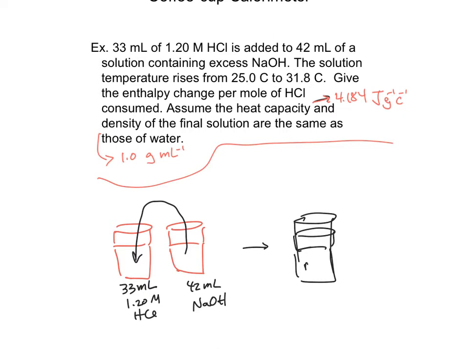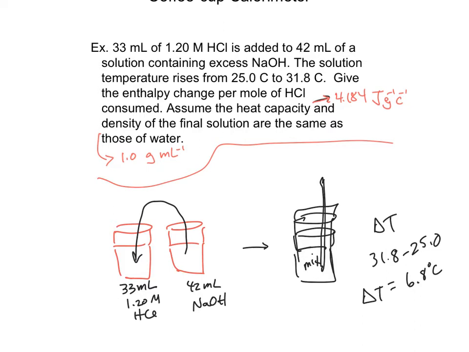But this is the mixture here, and the reaction takes place. You cap it, you put your thermometer in there, you stir it up and so on, and then you measure the delta T, the temperature change. Which in this case is 31.8 minus 25.0. So that's going to be, if I got that right, 6.8 degrees C is delta T.